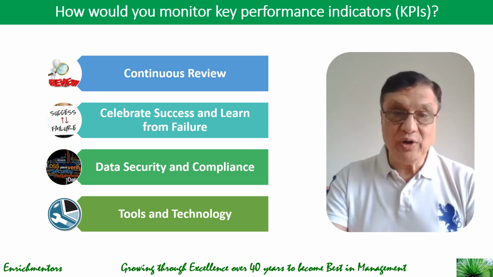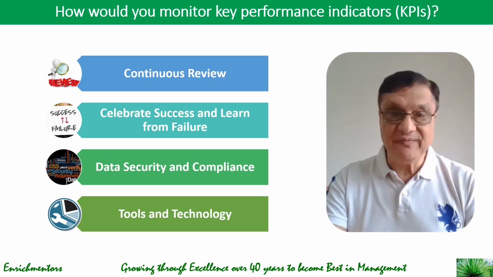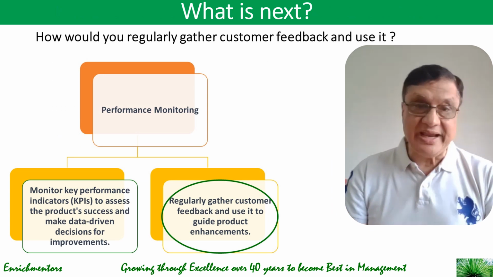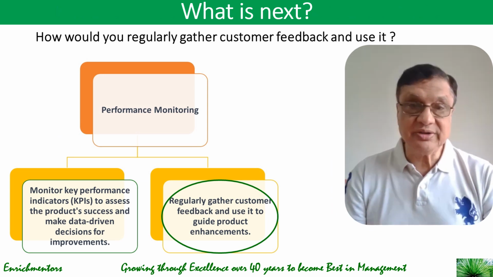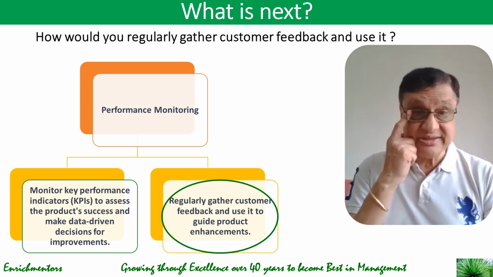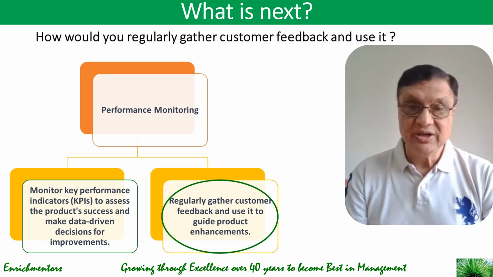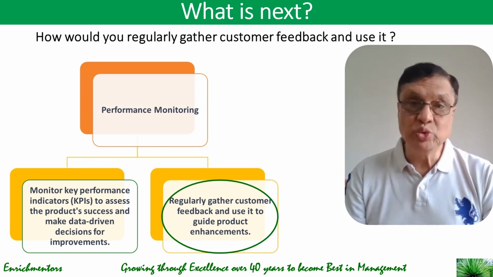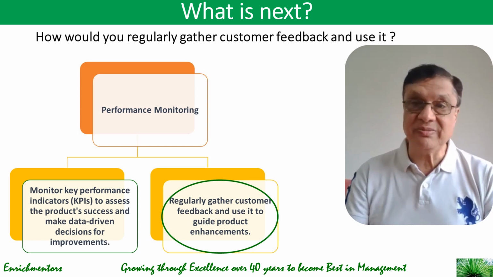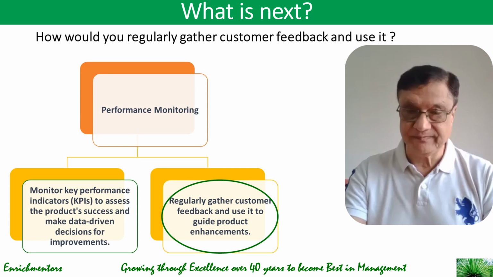So by following these steps, you can effectively monitor KPIs, gain valuable insights into your product's performance, and make informed decisions to drive continuous improvement and product success. So what do we do next? After having looked at how to monitor KPIs to assess product success and make data-driven decisions, we will now look at how you can regularly gather customer feedback and use it.